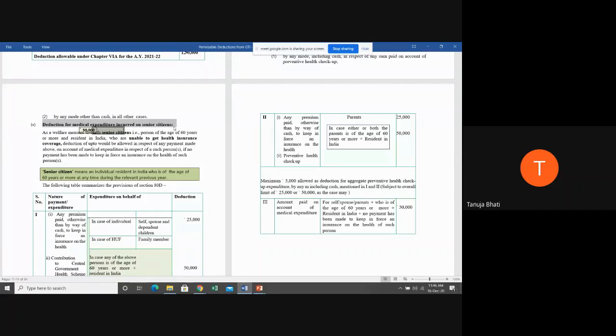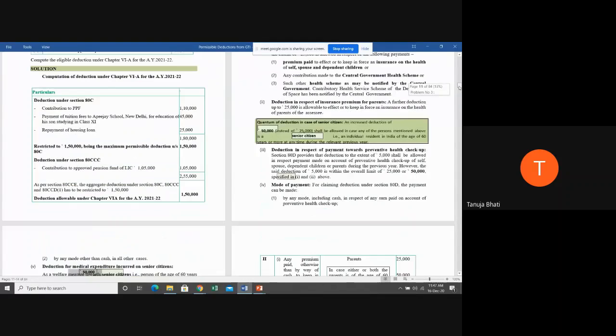Then whatever medical expenditure he is incurring, he will get a deduction of 50,000, provided he has not taken a health insurance, so he has to make the payment from his pocket. The maximum deduction he can get is 50,000 for medical expenditure incurred on a senior citizen, and a senior citizen we know is a person who is 60 years or more.